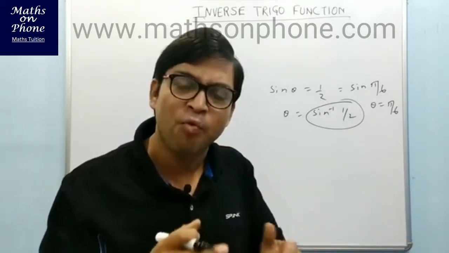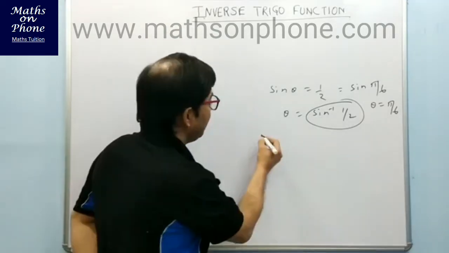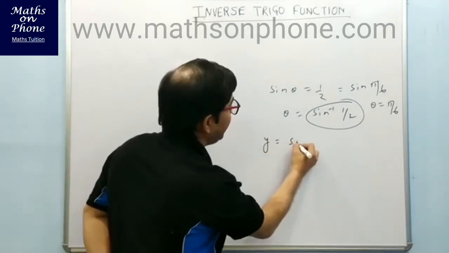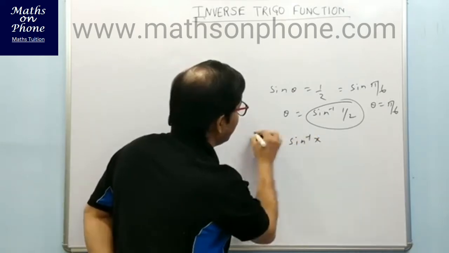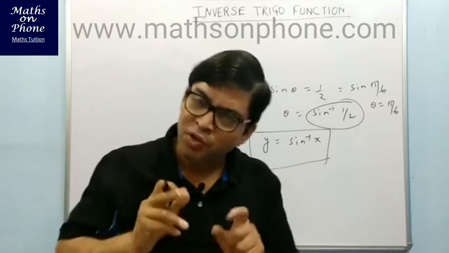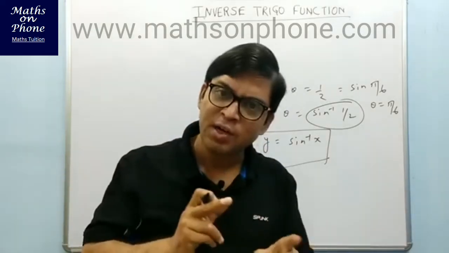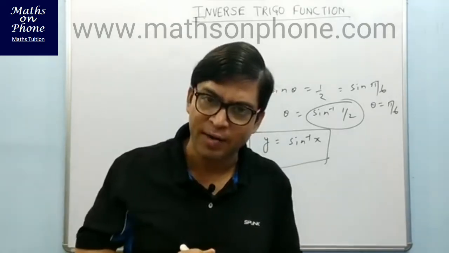Now we will develop what is inverse circular function, what is the domain and range. See, we can write sine inverse x. Do you know what's the domain and range of the function? Domain means the values of x for which the thing is defined.